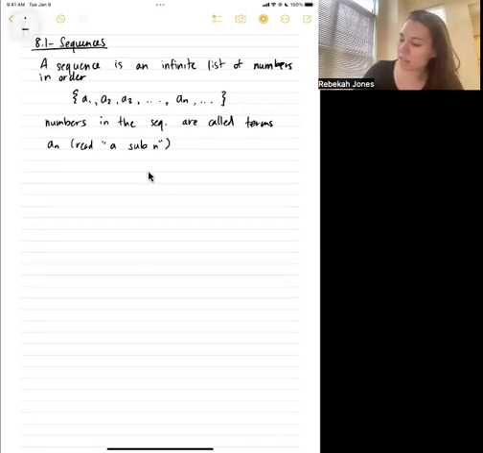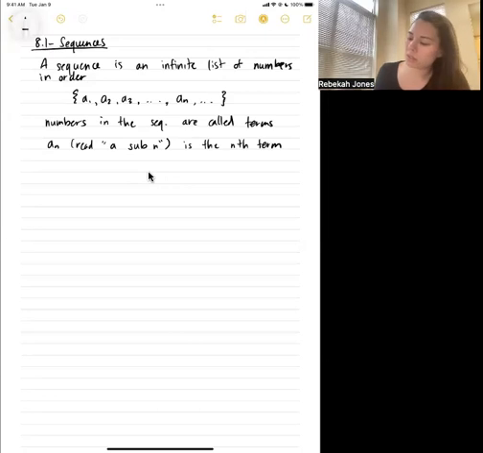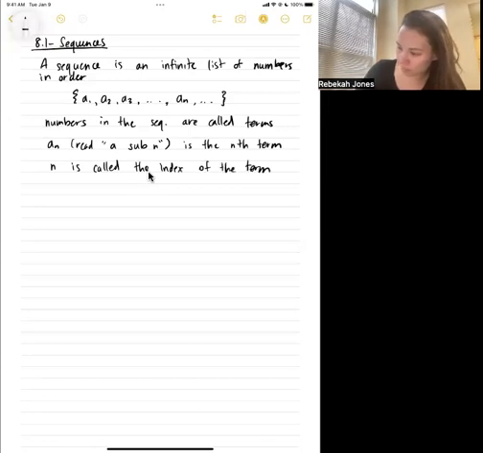And this is the nth term. So the n refers to its location in the sequence. And then that number n is called the index of the term.